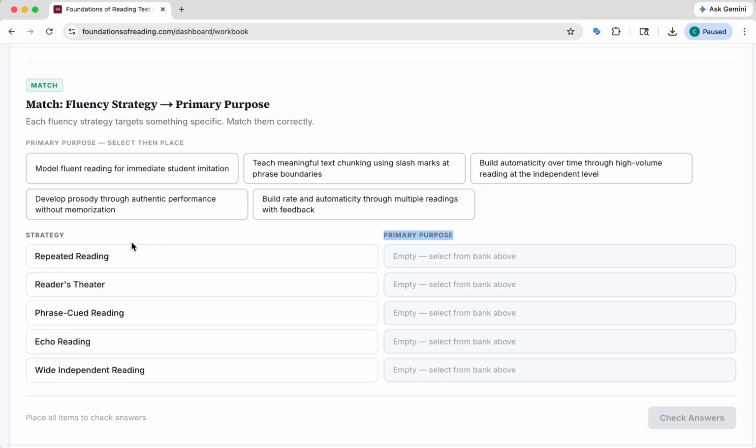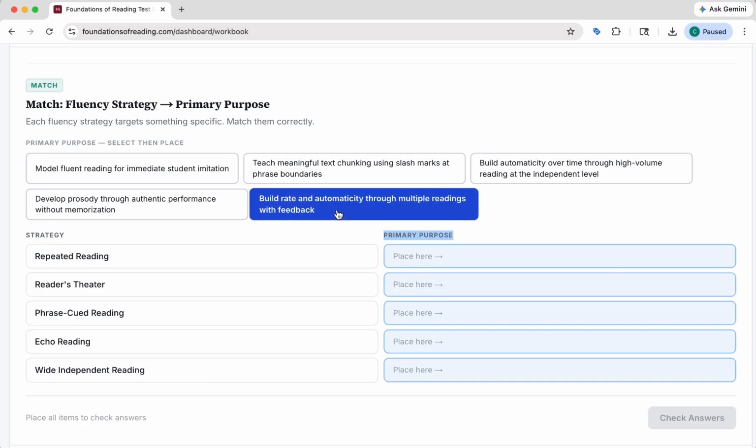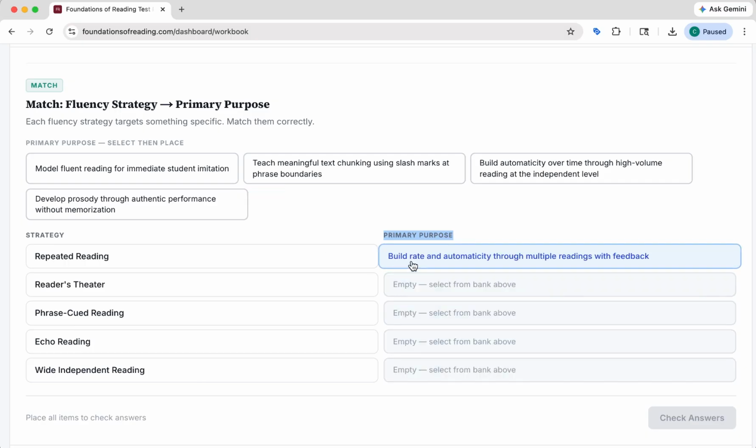Take a moment here and read all of these. All right, so what is repeated reading used for? Build rate with automaticity through multiple readings with feedback. Multiple readings equals repeated reading.